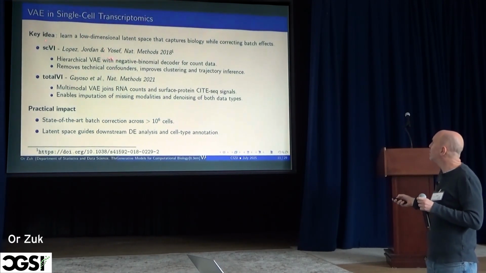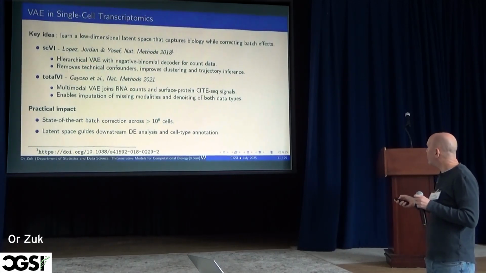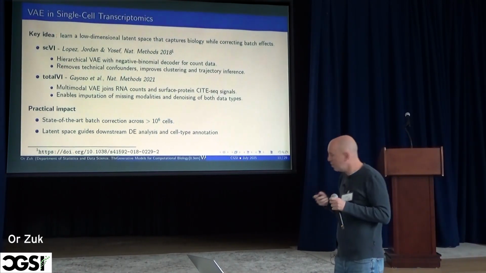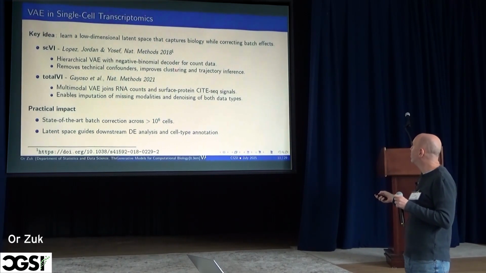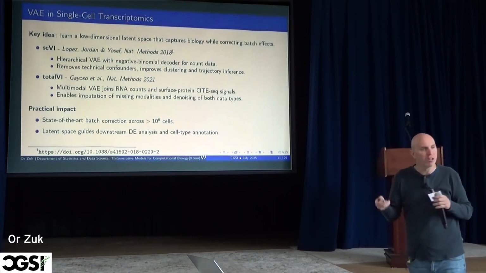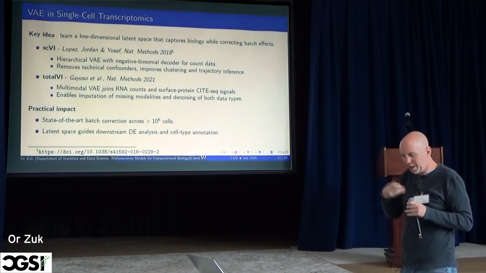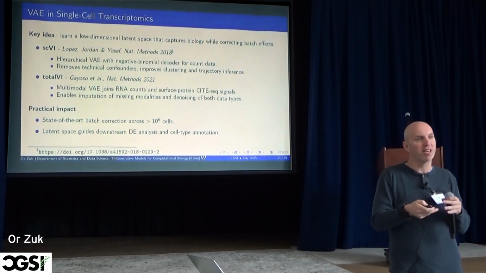Basically, once you learn a hidden representation of your data, you can look at the hidden representation and use that for many downstream tasks, for example, removing technical confounders, clustering, etc. This is a method just working on single cell RNA-seq data, but there are also methods that work on multimodal data, for example, single cell plus protein or ChIP-seq signal, or like we heard a couple days ago, spatial transcriptomics together with in situ hybridization data.